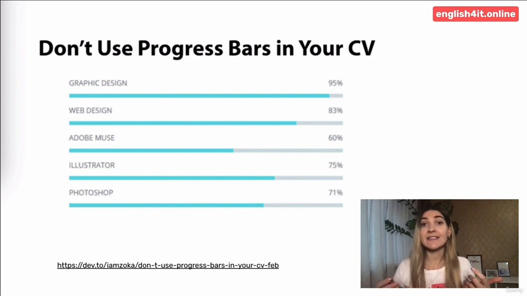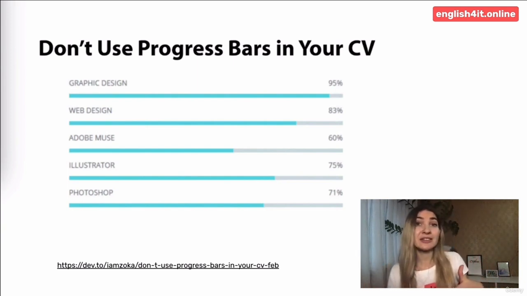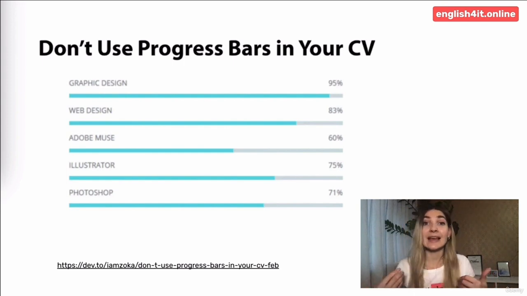Secondly, it's not a valid way of measuring how good you are at something, because different people will have totally different understanding of what, let's say, 95% is or of what 71% is. For example, for you, 71% may sound as a good score, but for the person who looks at your resume, it can mean something totally different.